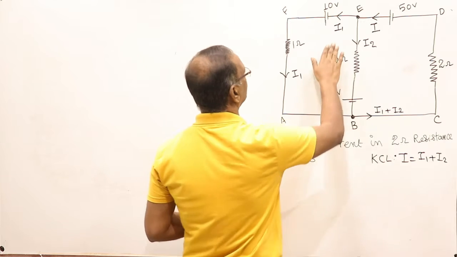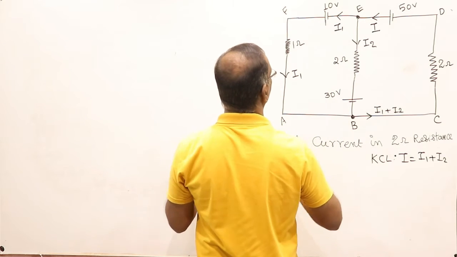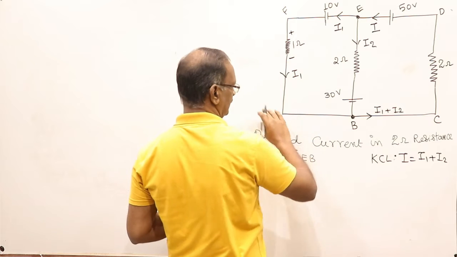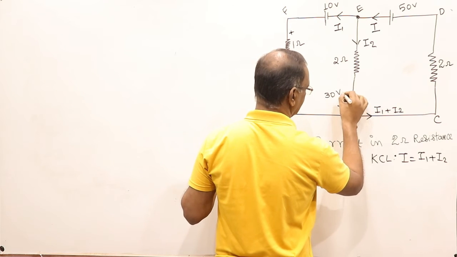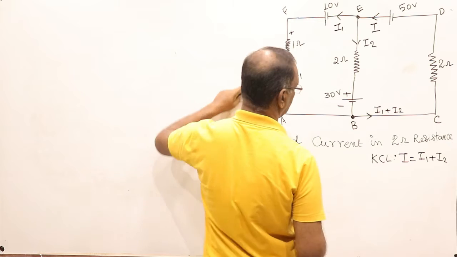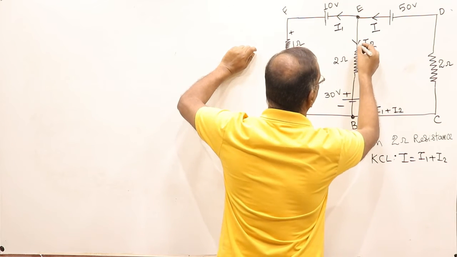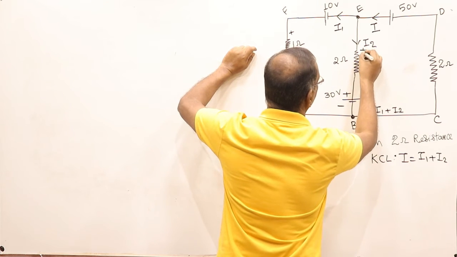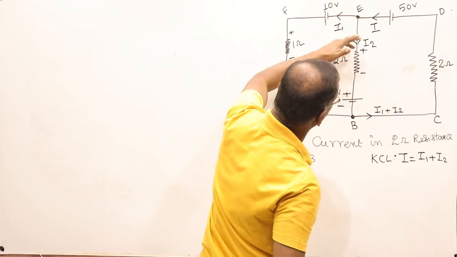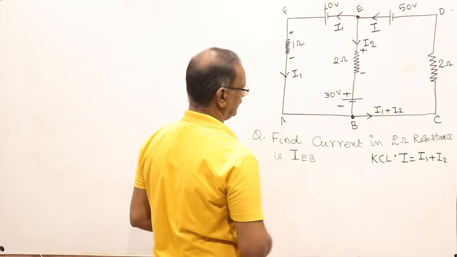Right, this current I1 is flowing from here to here, from higher potential to lower potential. This is the negative side of the battery, this is the positive side of the battery. And I2 is flowing from here, so this is the positive side and this is the negative side, because I2 is flowing from higher potential to lower potential.